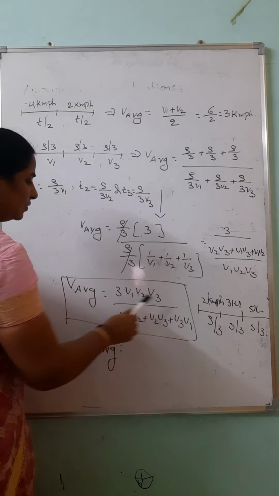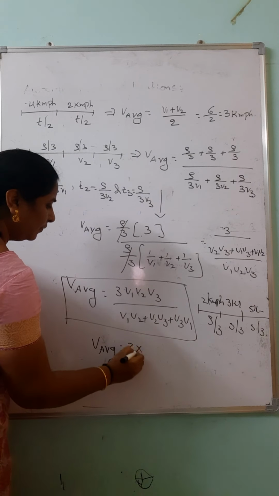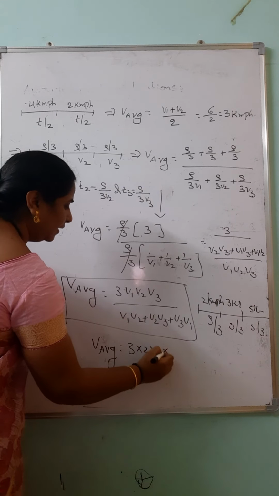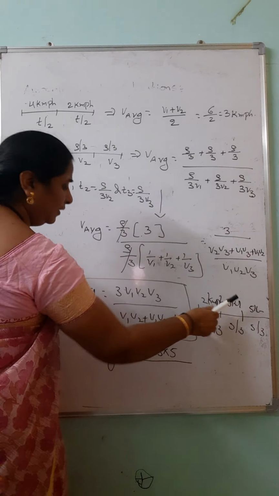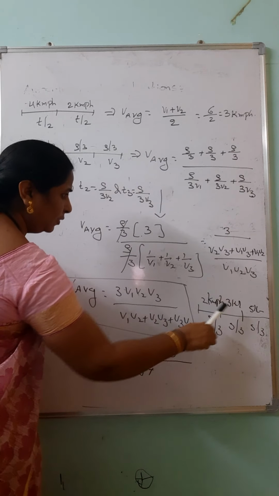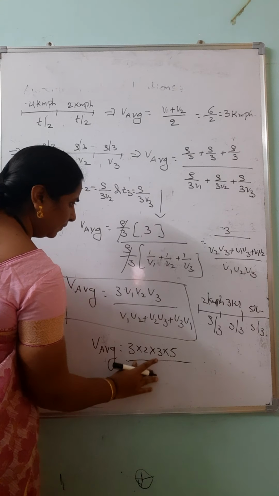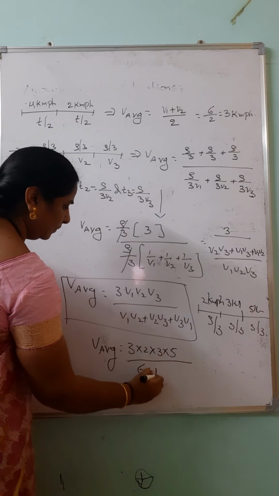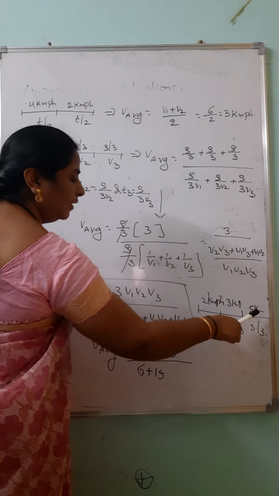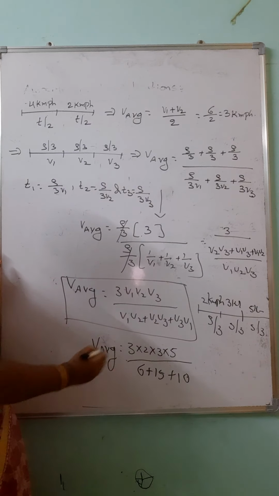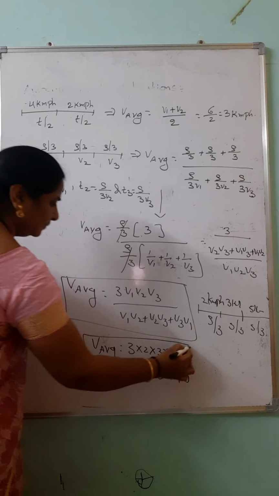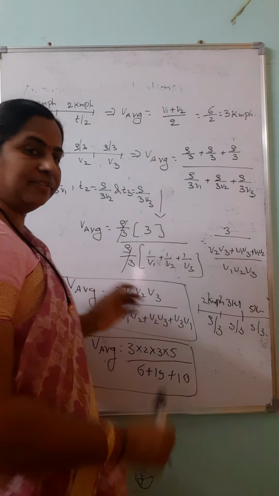Instead, we can use the simple formula: 3 into 2 into 3 into 5 by V1 V2, 2 into 3, 6, V2 V3, 15, then V3 V1, 5 into 2, 10. Like that we find the average speed. If you want, you can simplify this also.